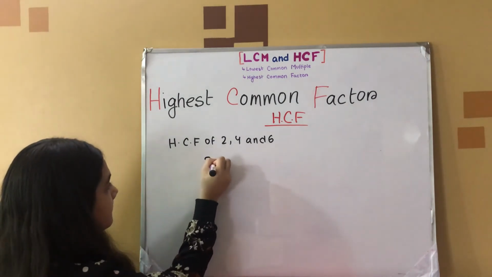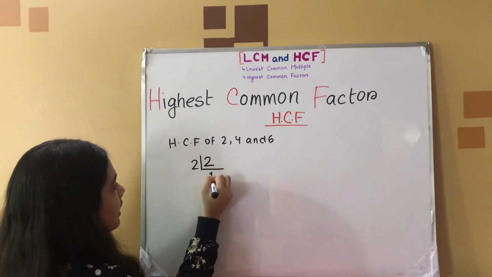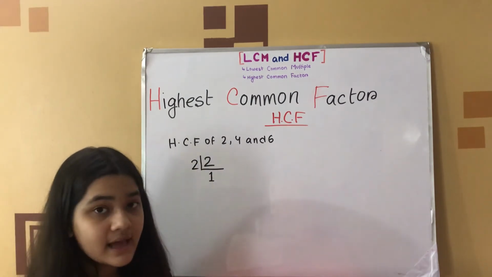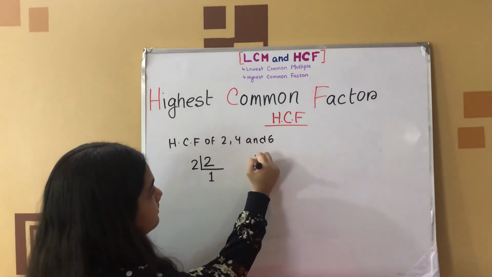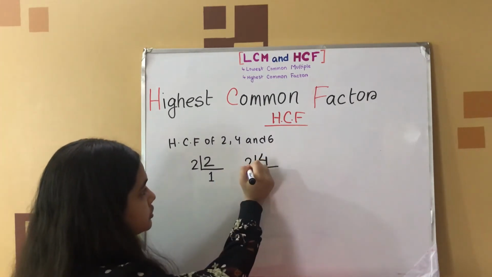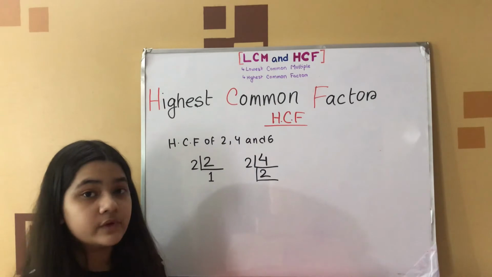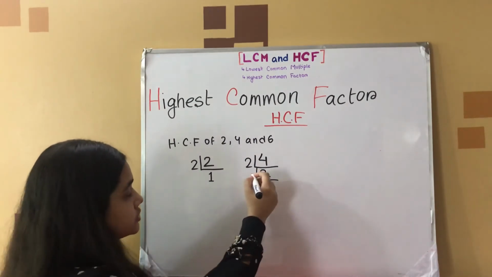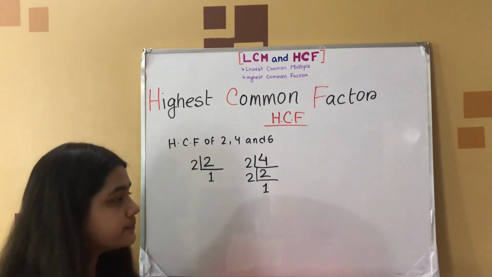2: 2 1s are 2. 2 is a prime number. And then 4. What are the prime factors of 4? 2 2s is 4. And then if we divide it again, 2 1s is 2.